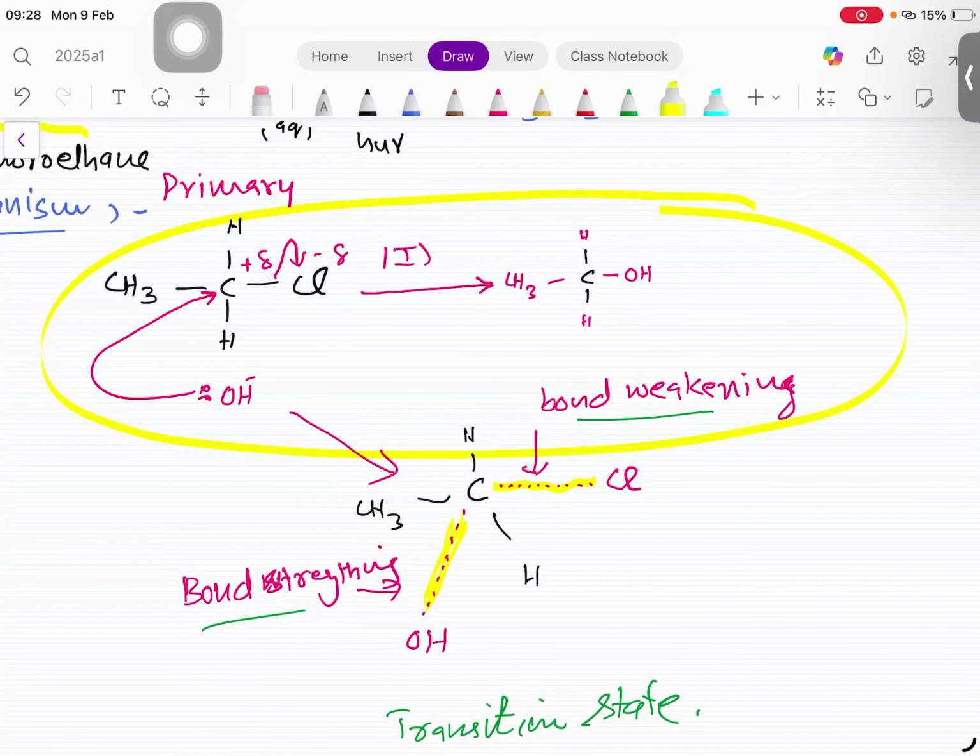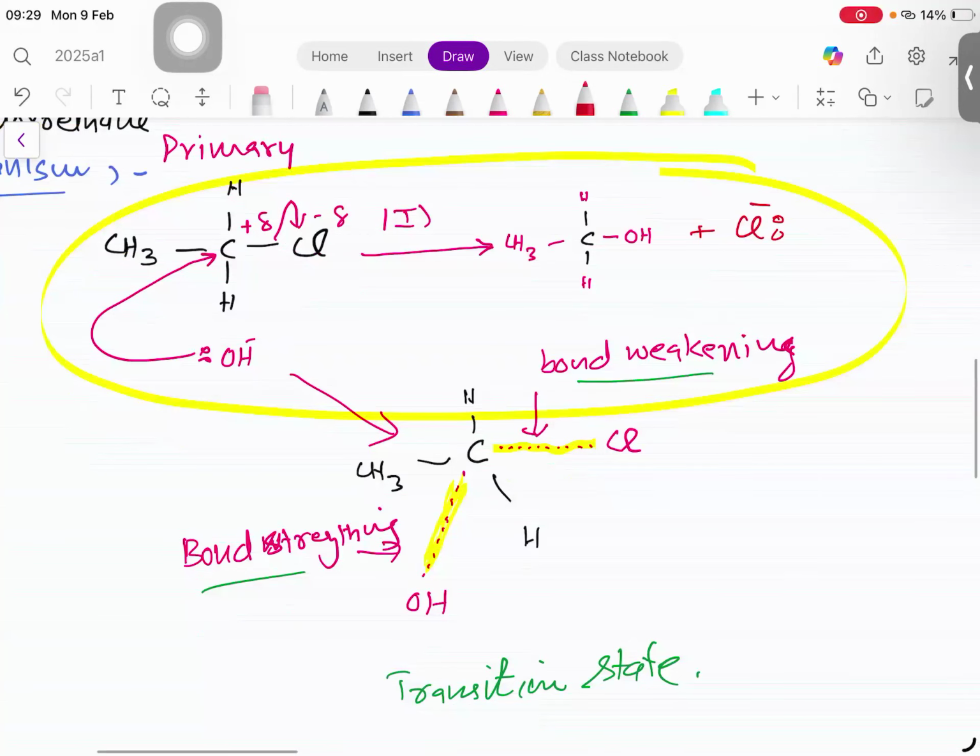It's a one-step mechanism. OH comes, attacks the carbon, provokes the carbon to make a bond. Bond making, bond strengthening takes place in one step, and finally the product along with Cl negative is formed. That's it. But at times in MCQs or in a structured question, they ask you, what is the pentavalent transition state? Penta means 5, where the carbon is making 5 bonds.